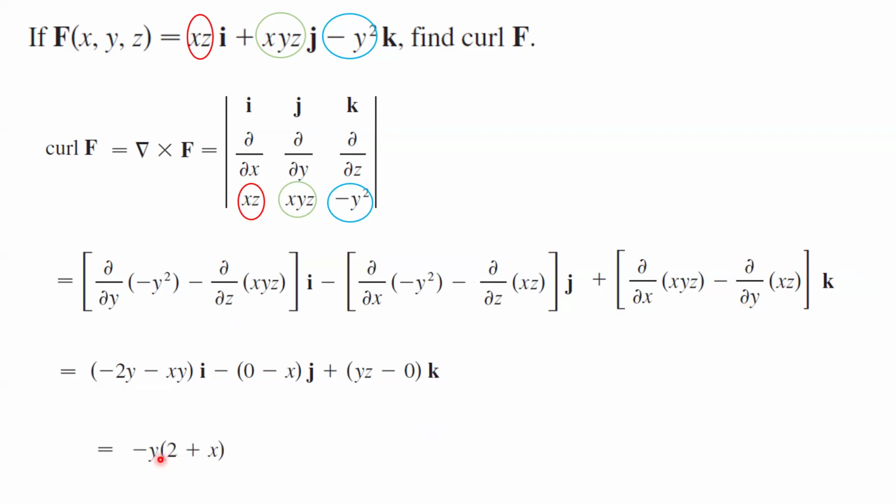You get negative y times 2 plus x in the direction of x-axis plus x in the direction of y-axis, and then finally you have yz in the direction of z-axis. So this is the curl of this vector field.